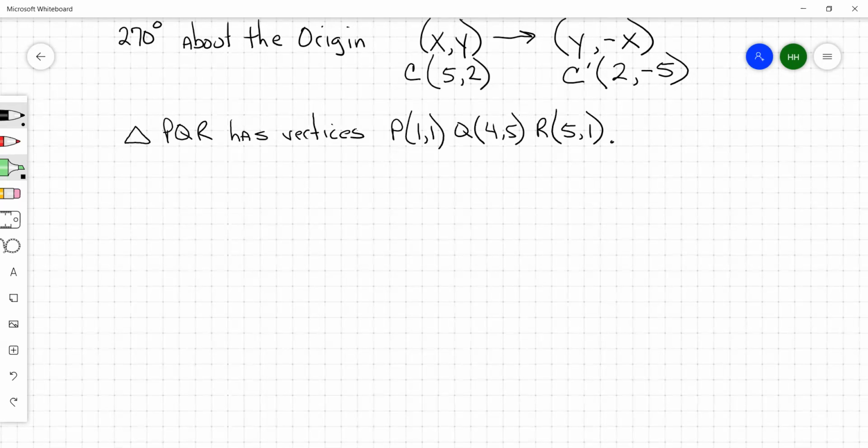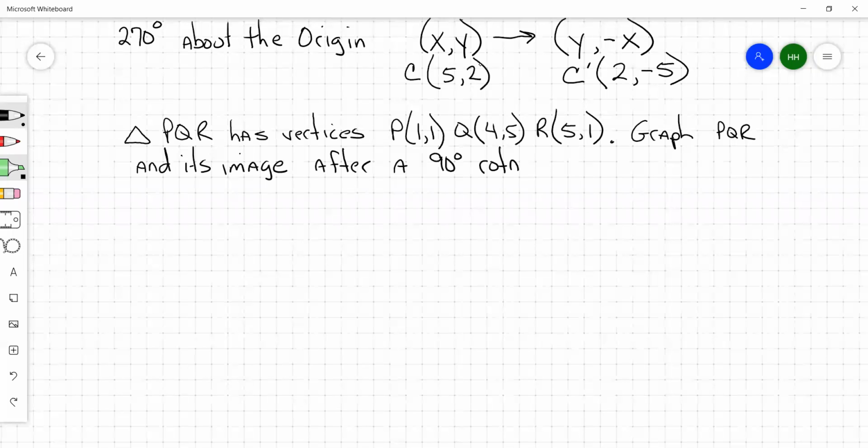All right, and what you're going to be doing today is you're going to graph PQR and its image after a 90-degree rotation about the origin.